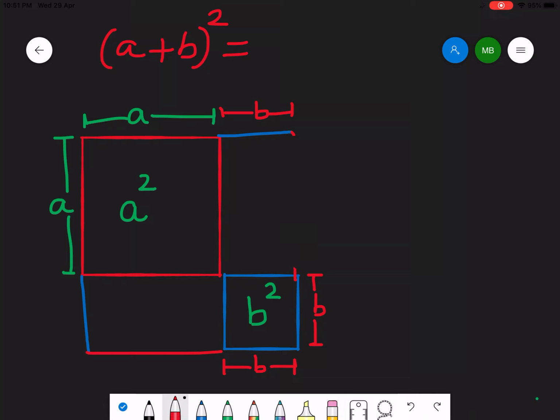I'll just try to fix it up a bit straight. Yeah, looks better. Right, so what is happening here is this length over here is b units and this length over here is a units.